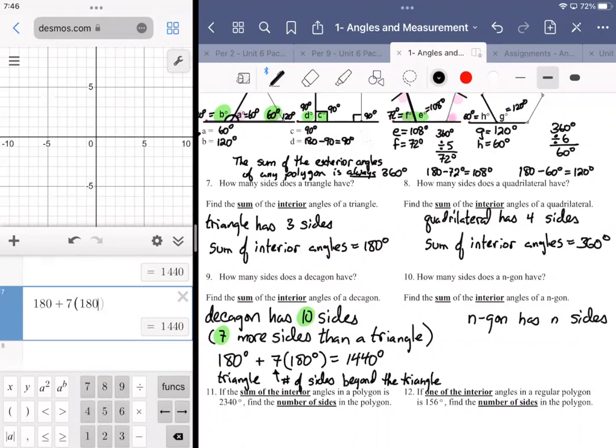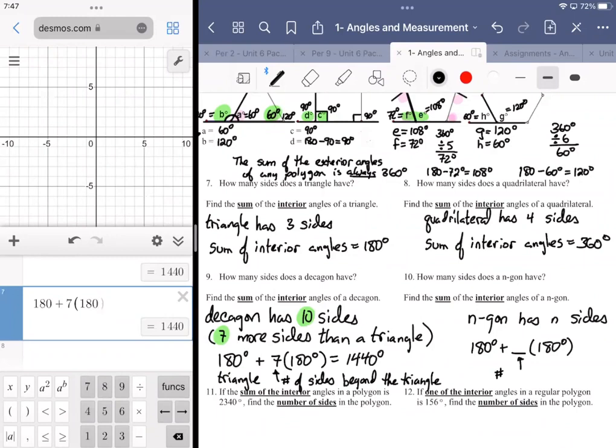It's n, but what did we do before? We did 180 plus some number times 180. That number was the number of sides beyond the triangle, all right? But the triangle has 3 sides. That's why we subtracted 3.